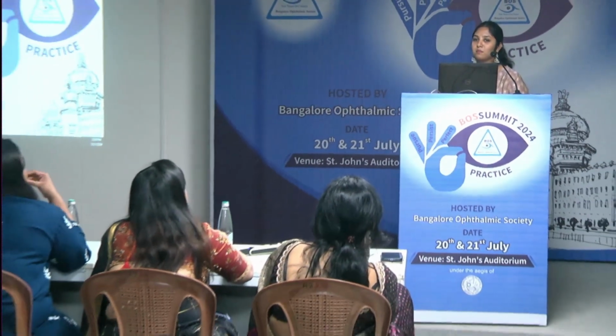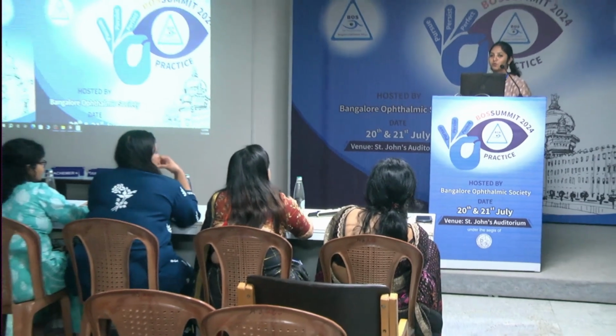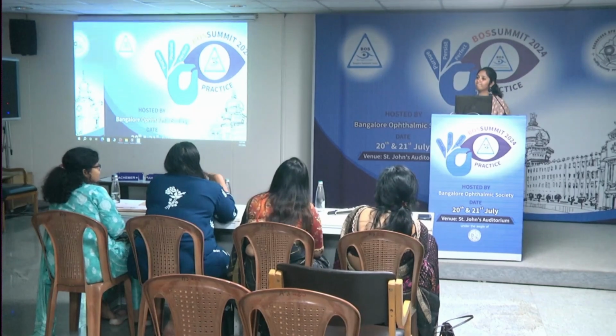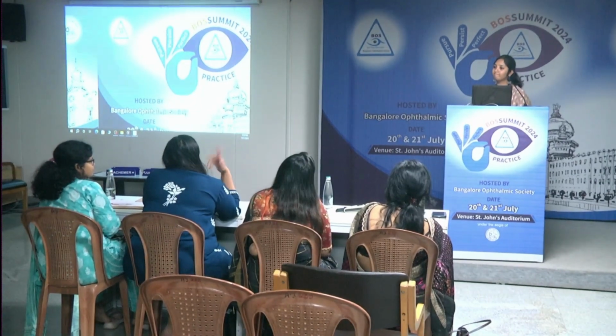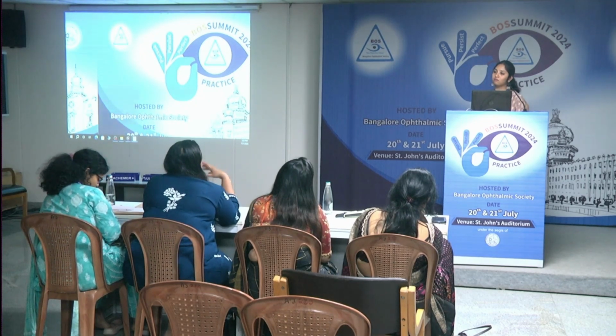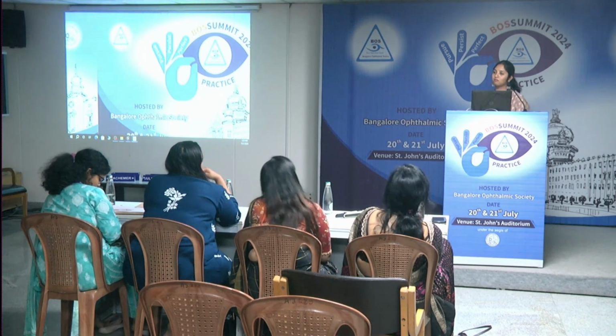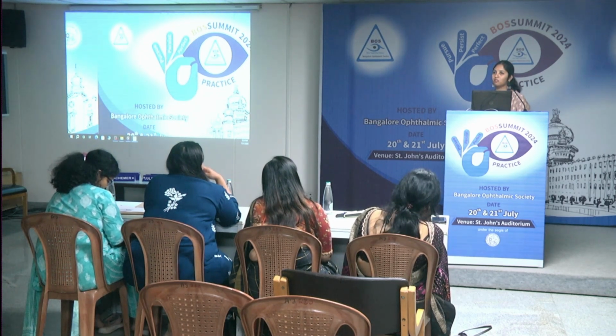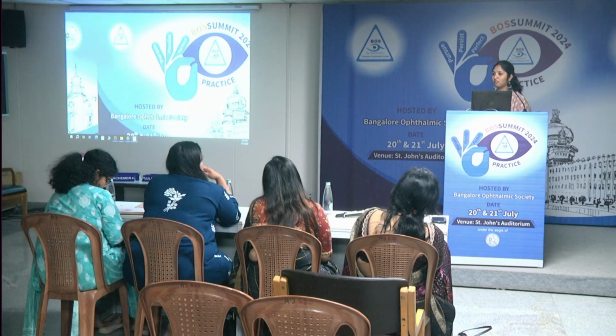There are hilar lymph nodes, there is proptosis. Do you have anything else in mind when you are investigating the patient? Could be any lymph node. Hodgkin's lymphoma can be there. Anything else?